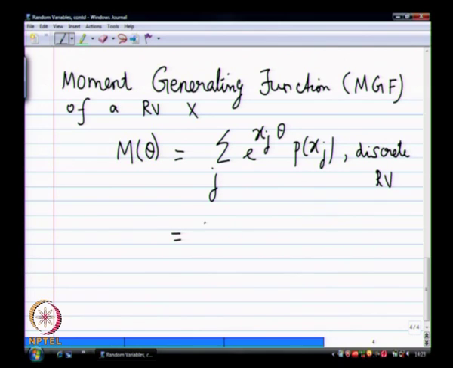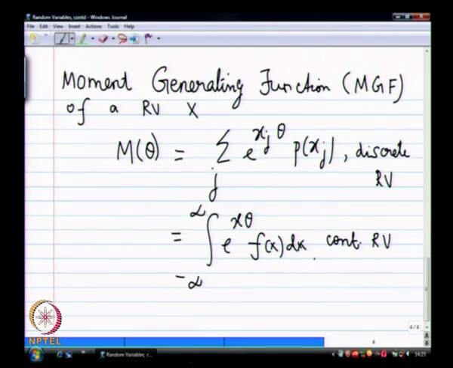Okay. And in the case of a continuous random variable, correspondingly your summation will go from minus infinity to plus infinity of e to the x theta f of x dx, in the case of a continuous random variable. So this m of theta may not exist for all values of theta.